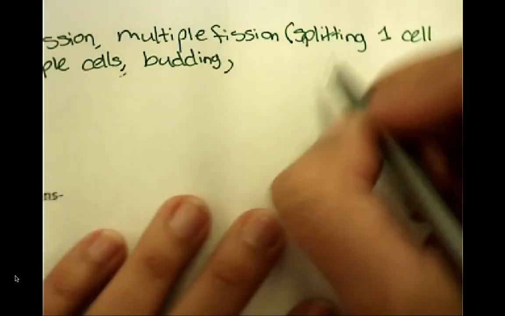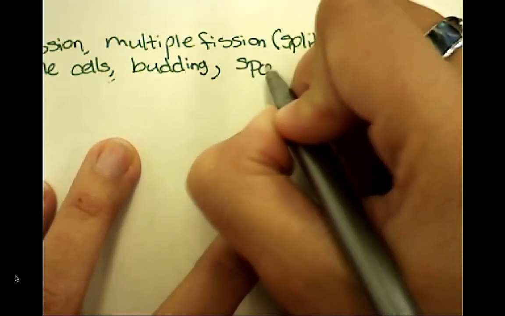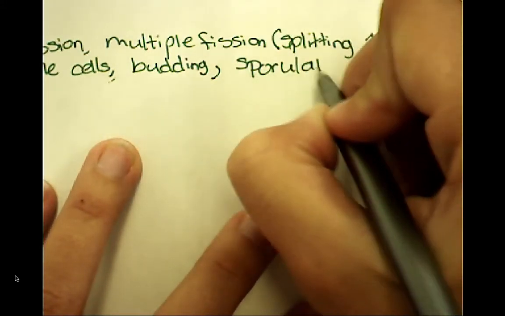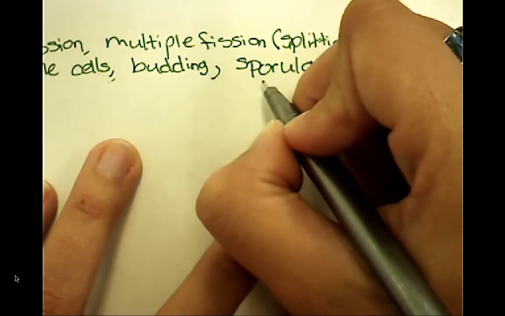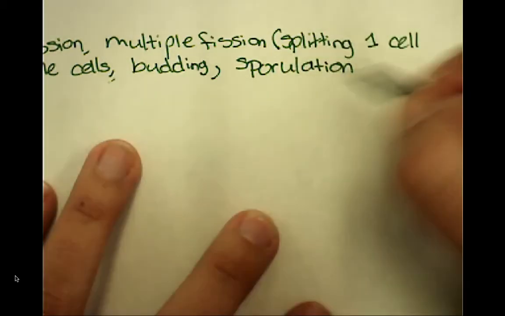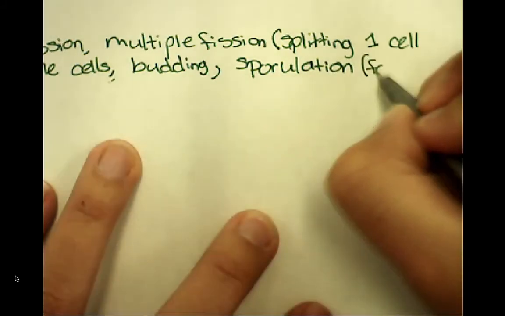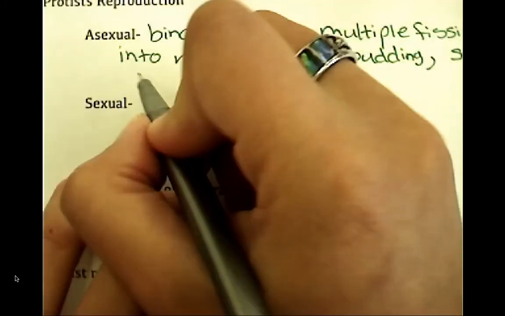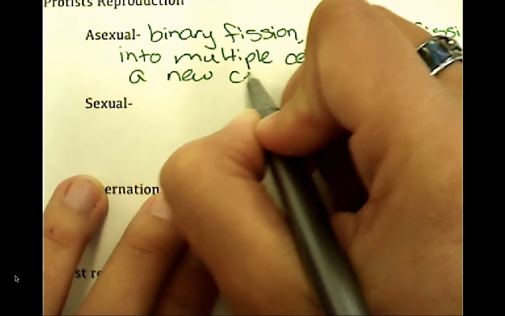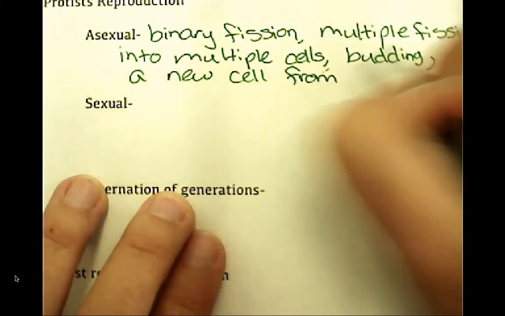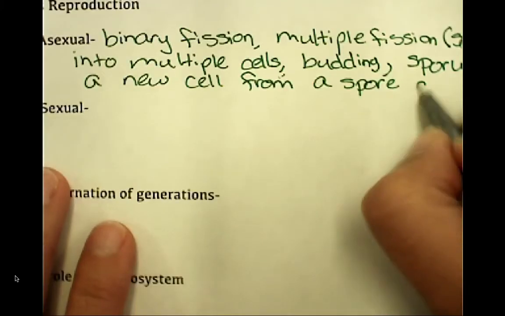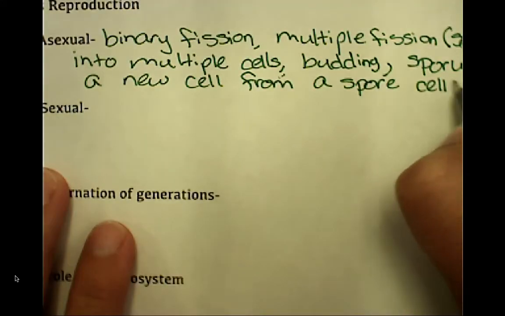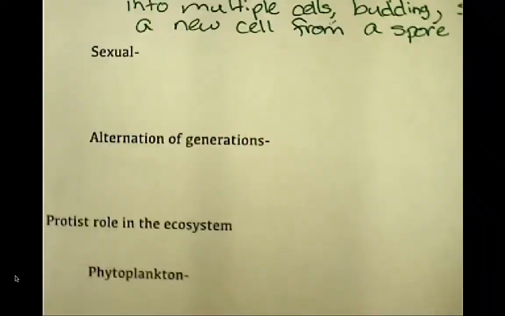And then my favorite one, because it's just got a fun name, is sporulation. Sporulation, as you maybe can guess just from the spore sounding thing, is you form a new cell from a spore. So those are the asexual ways to reproduce.